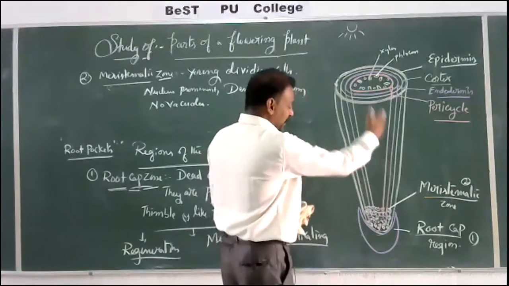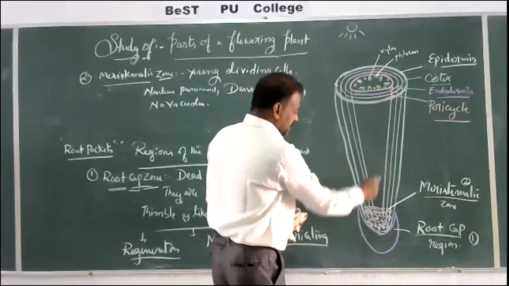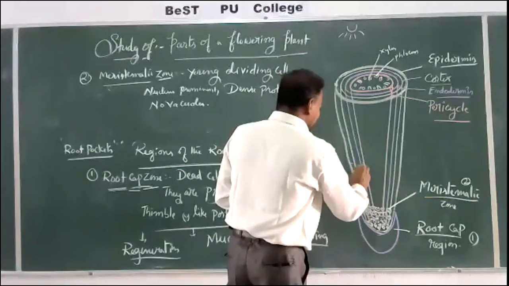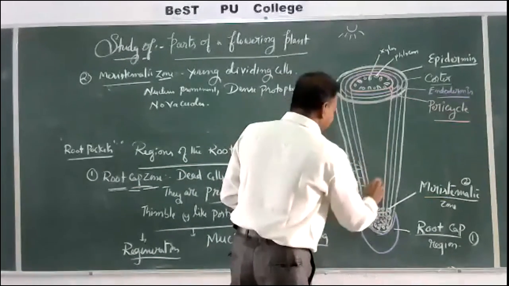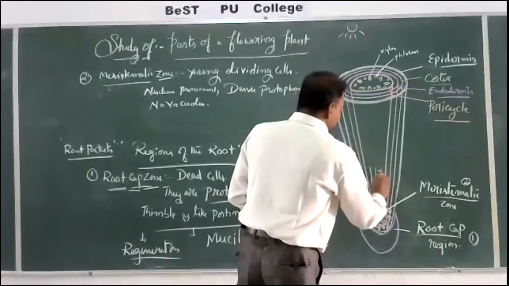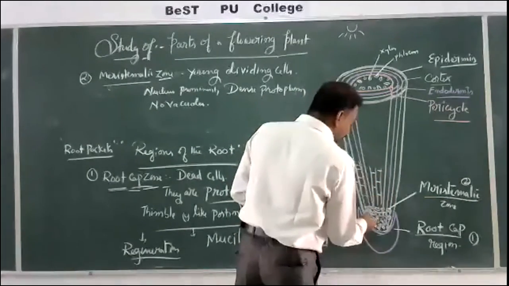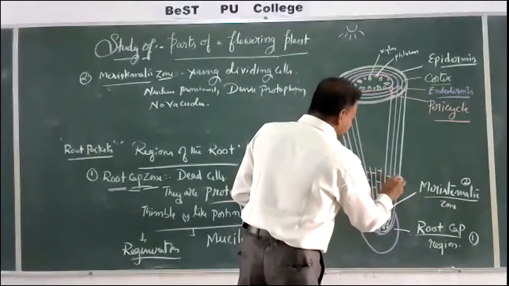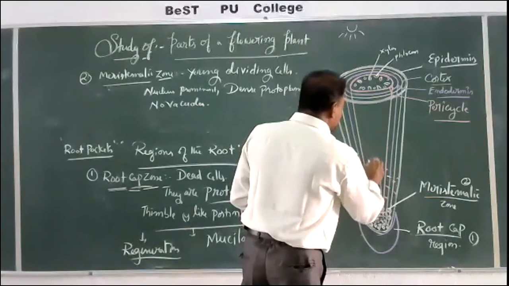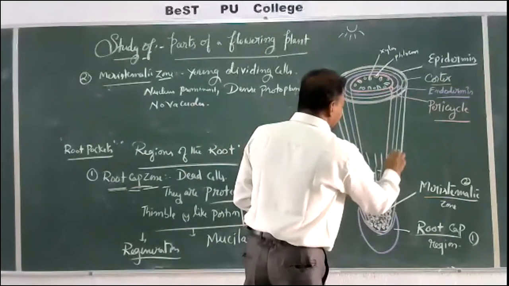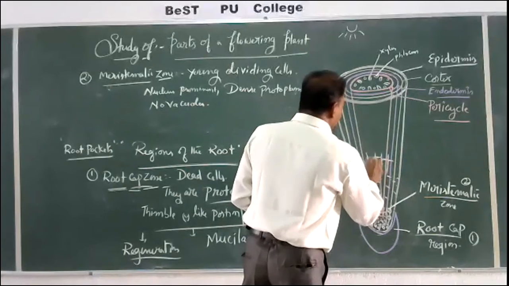Just above this, proximal to it, these cells are elongated cells. Here are small cells, and here are elongated cells, and in these elongated cells the capacity of cell division has stopped.